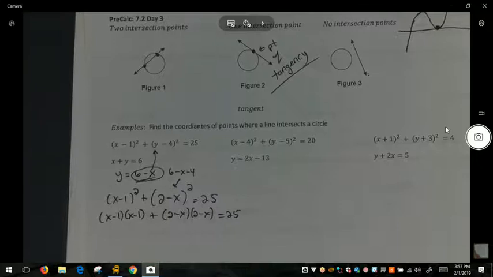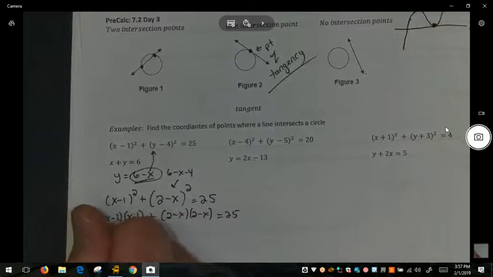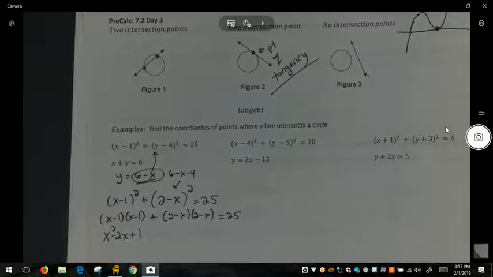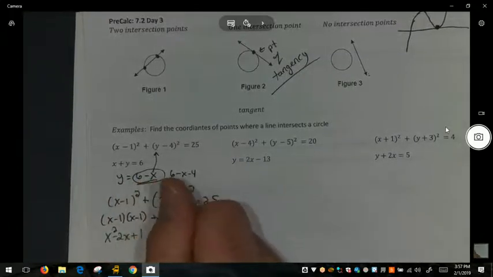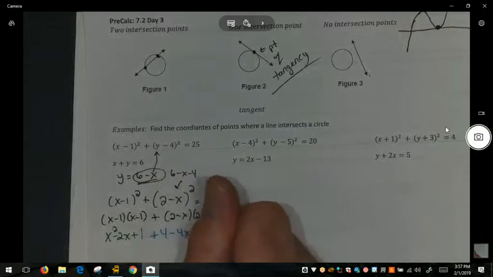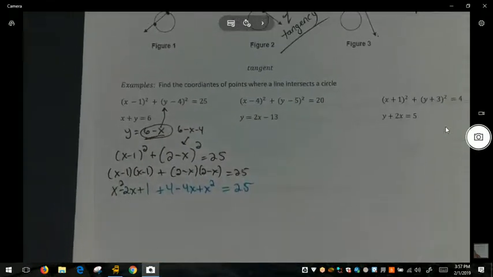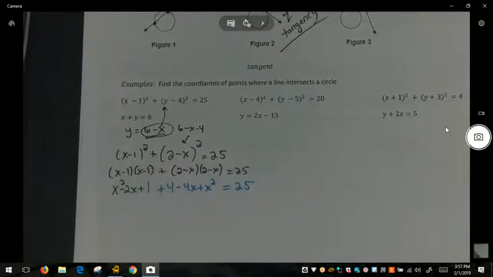To solve a quadratic, we have to have it in standard form and get it equal to 0. So I'm going to FOIL this. This gives me x squared minus 2x plus 1. This gives me 4 minus 4x plus x squared. And we still have a 25 over there. I haven't added or subtracted anything to both sides. I just performed the squaring by FOILing.